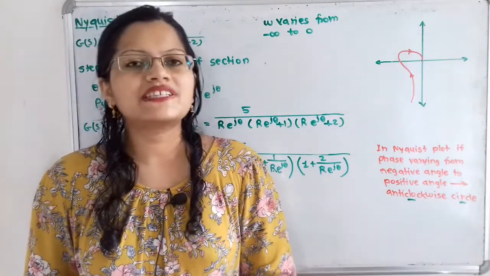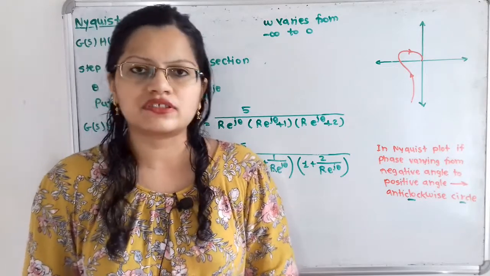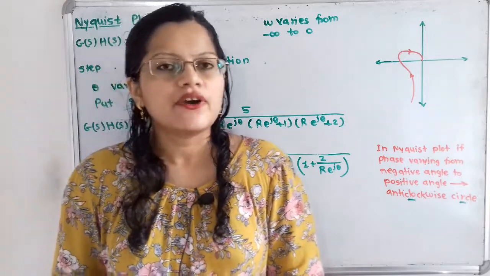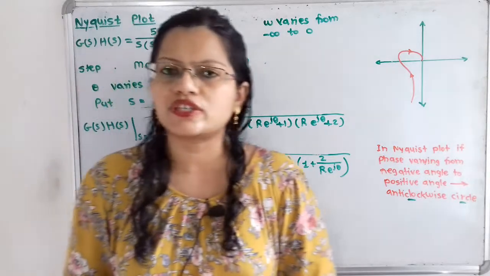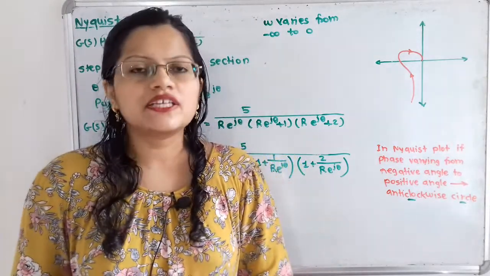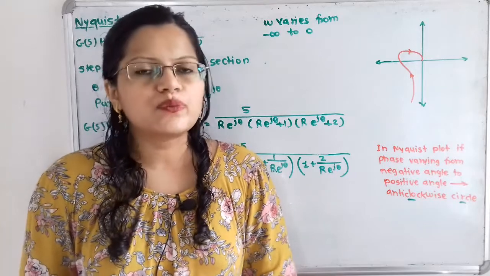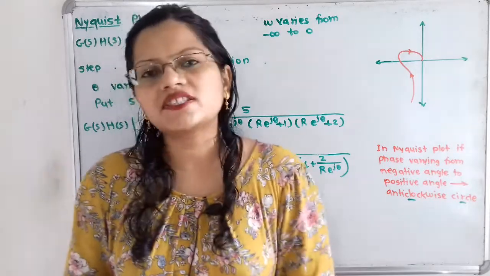Now we move to step 3, where we take the mapping for the section C3. What we know about this section C3 is that the frequency varies from minus infinity to 0, and this plot is known as the inverse polar plot, where we put S equal to minus j omega. So what is the polar plot?